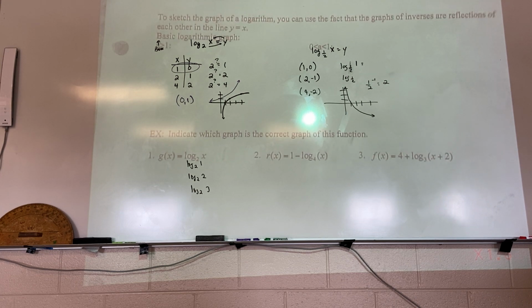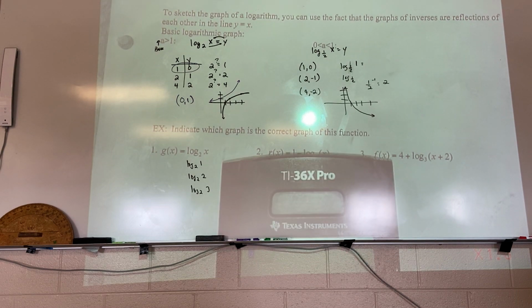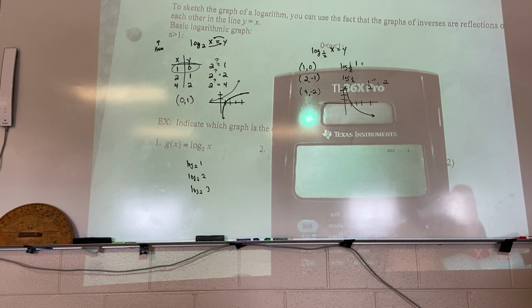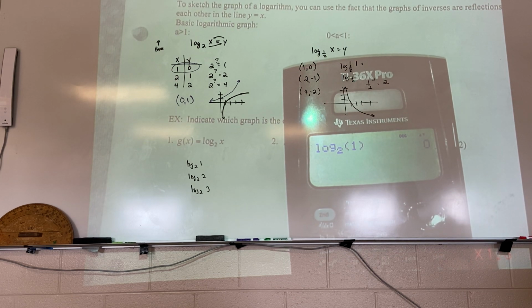All right, so just make up values for x and make your table. So I'm just going to type log base 2 of 1. It's right here, log, hit the third one over, base 2, and we already know the answer to that one should be 0.